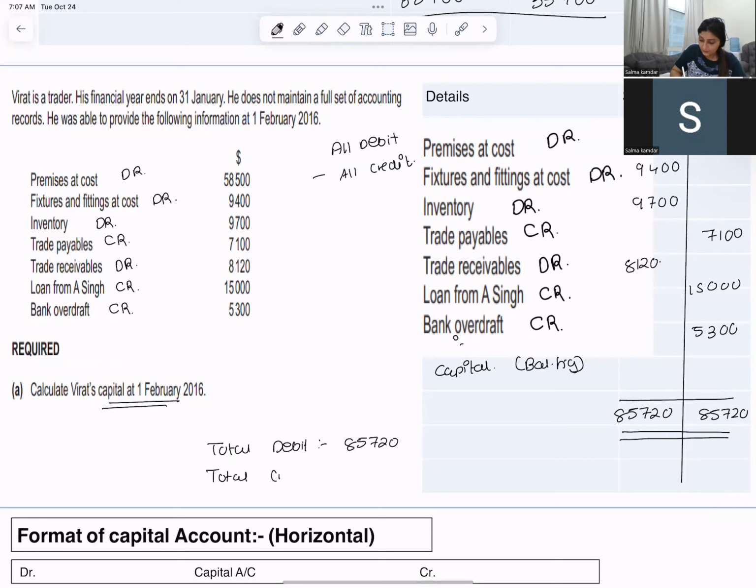Now I will find my total of credit. 7,100 plus 15,000 plus 5,300. So total of credit is 27,400. From the debit total, when I subtract my credit total, from 85,720 subtracting 27,400, I will get my capital, which is 58,320.